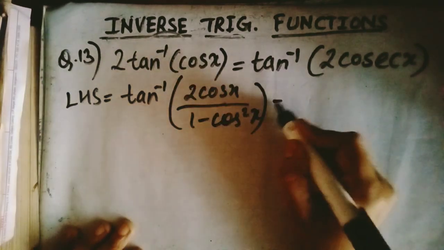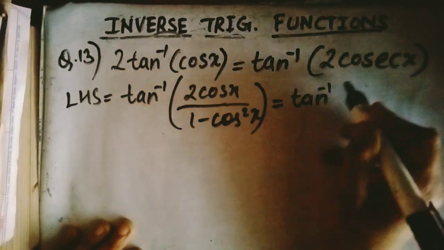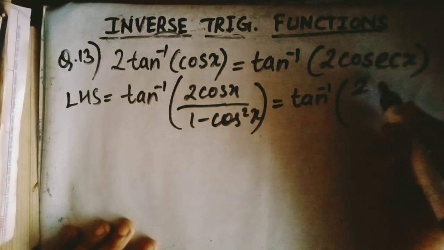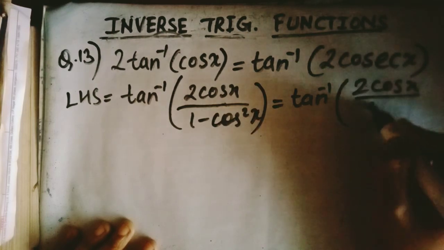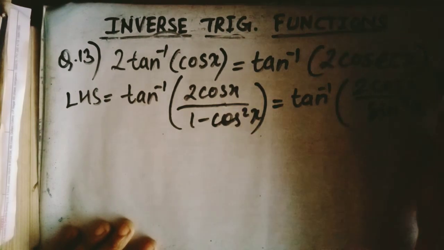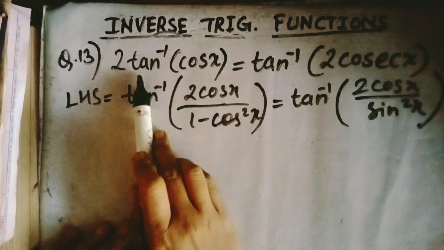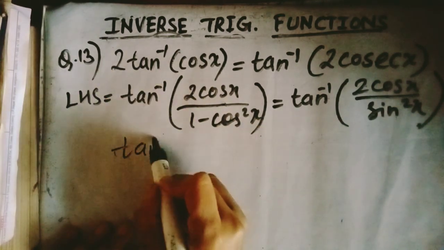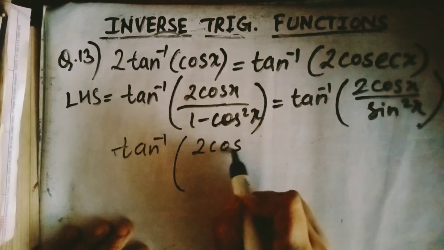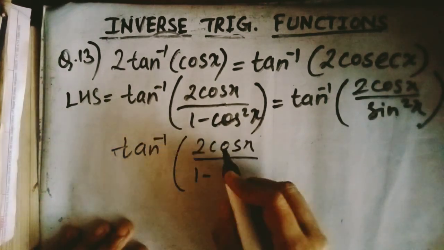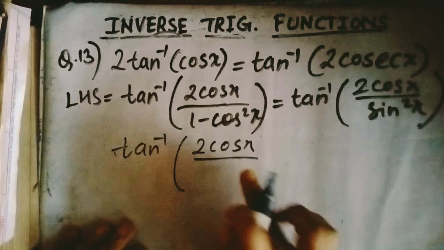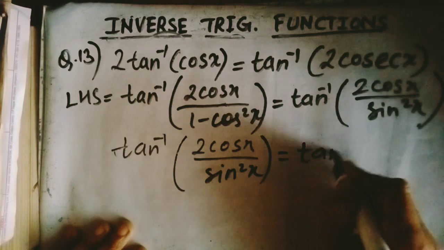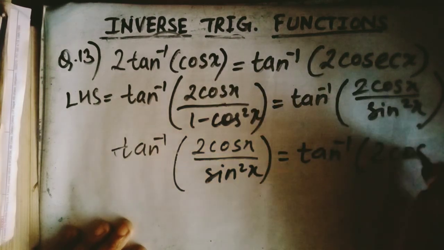Okay, so this is tan inverse of 2 cos x upon sin square x. Now here also tan inverse is there, that is tan inverse 2 cos x upon sin square x equal to tan inverse 2 cosec of x.